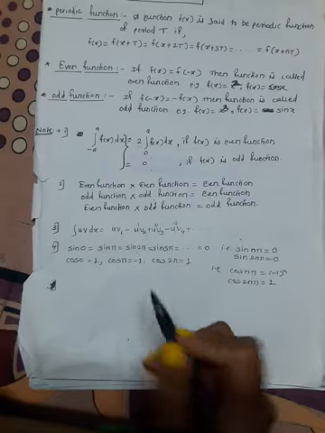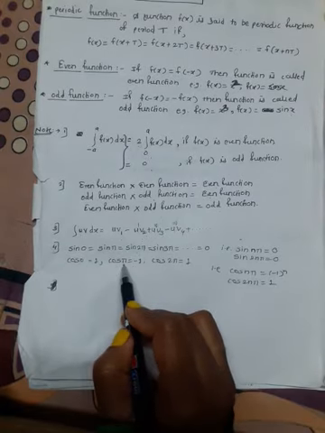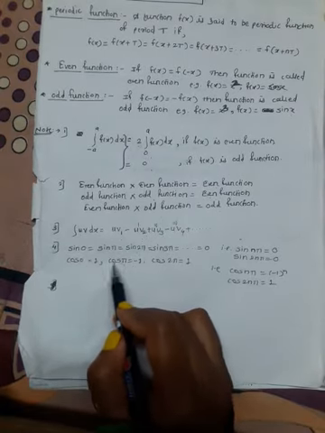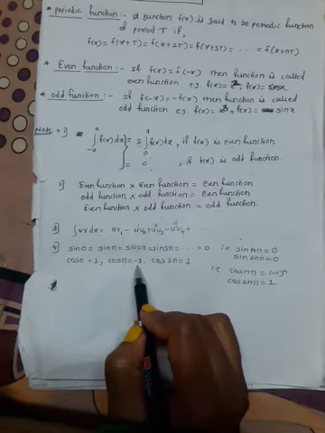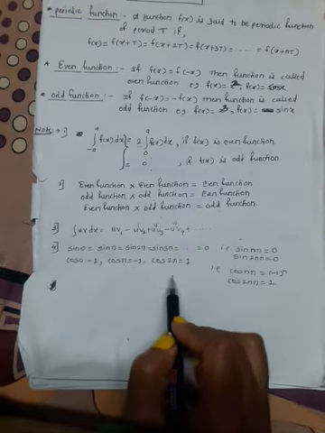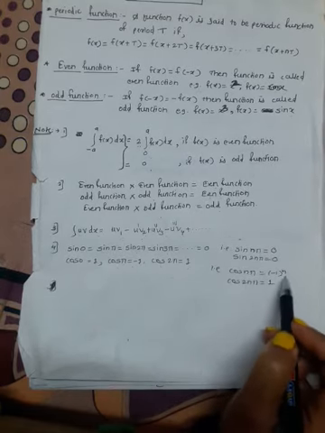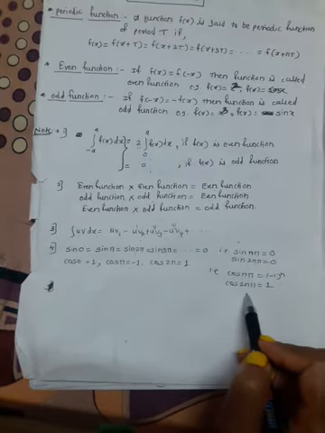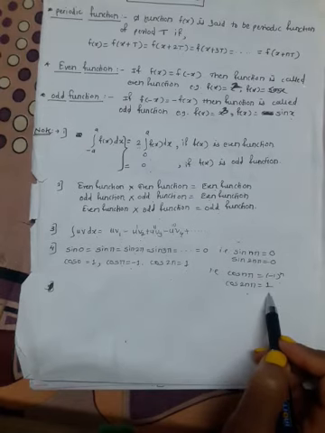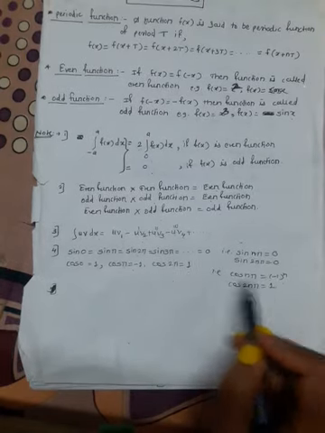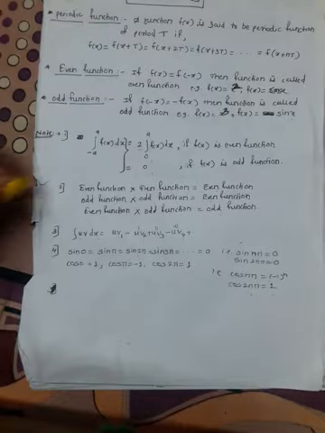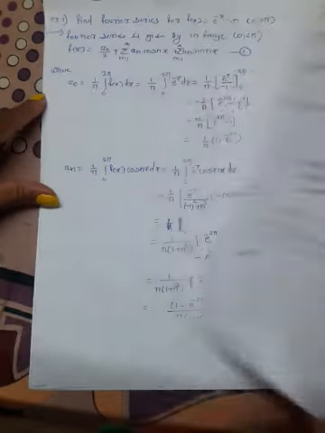You can calculate on a calculator also. Cos pi means cos 180 degrees, which in the calculator becomes minus 1. Cos 2 pi means cos 360 is 1, that is cos of n pi is minus 1 raised to n, and cos of 2 n pi is 1. Okay, these are some values. You have to mug up all these things.